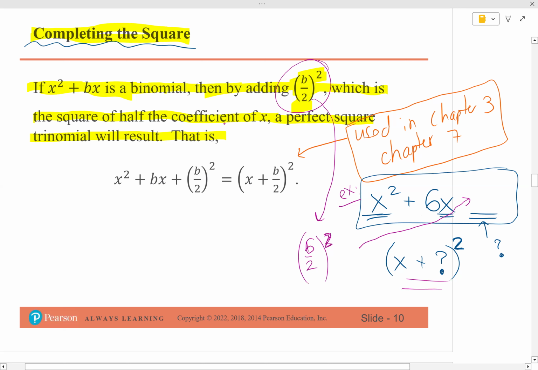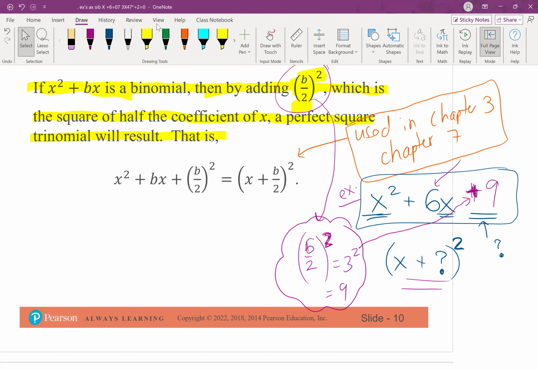Once you get good at this, that'll just occur in your head. The coefficient of x is 6. What's half of that? It's 3. What's that to the second power? 6 over 2 is 3, squared is 9. So that must be the perfect number I want to put here. And then the whole thing should factor in a nice way because it's designed that way.